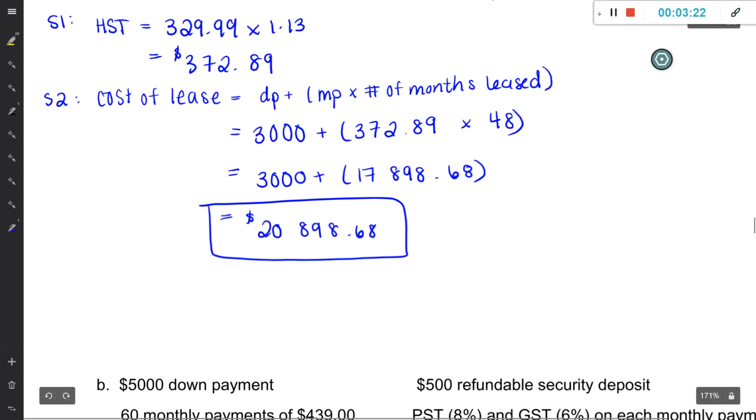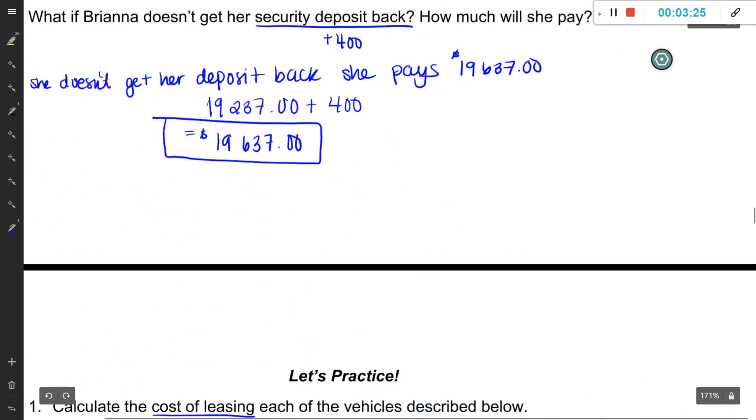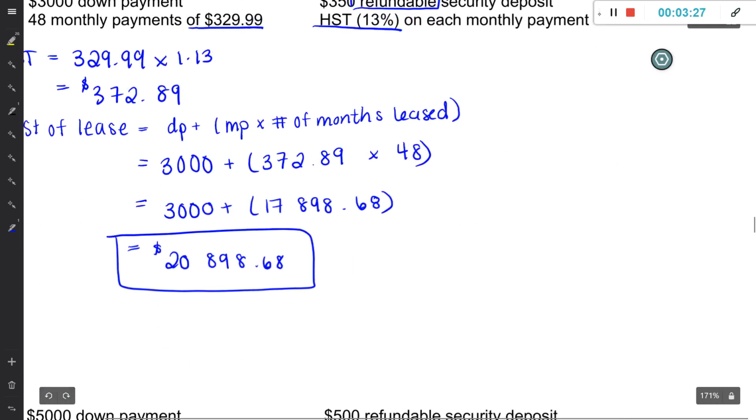So therefore, assuming I get my refundable security deposit back, I'm just going to write this in.